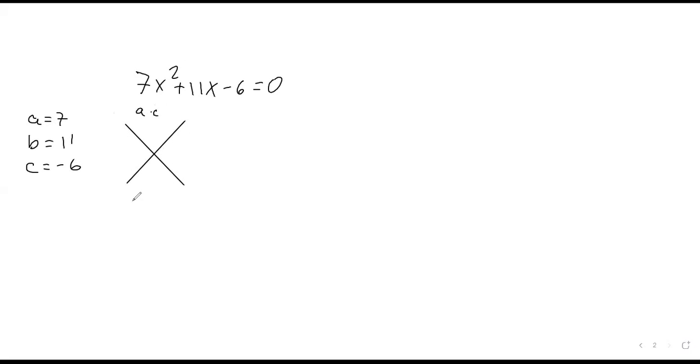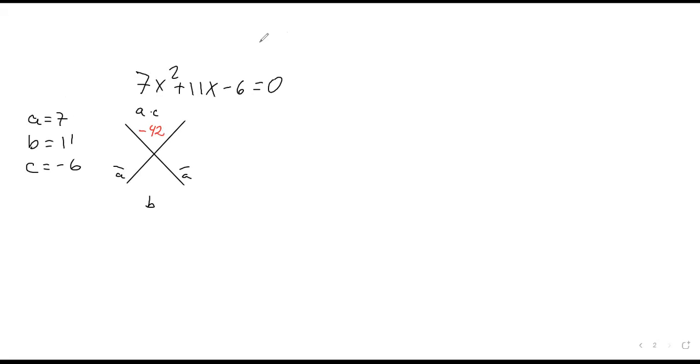We have to write here AC, here we write B, and in here, whatever result we have, we divide by A. So A times C is going to be 7 times negative 6, negative 42. Remember, always check first if you have a common factor. In this case, we don't have a common factor. We have 7, 11, and 6.